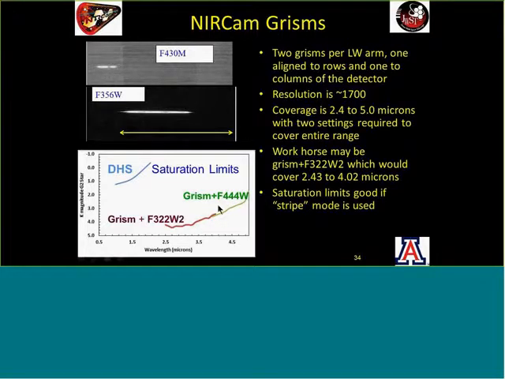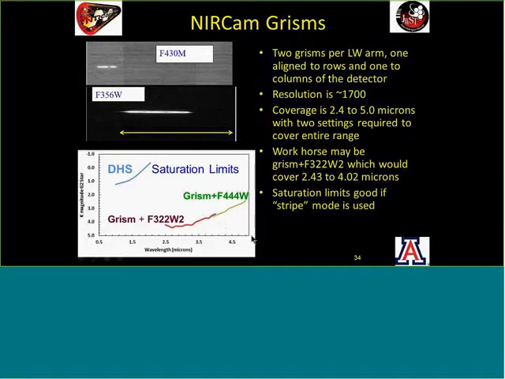So these limits are derived assuming that you read out the full 2048 width, but maybe only 64 pixels in the vertical direction, so that you have plenty of sampling to not worry about pseudo slit losses, shall we say, but can still observe very bright stars.